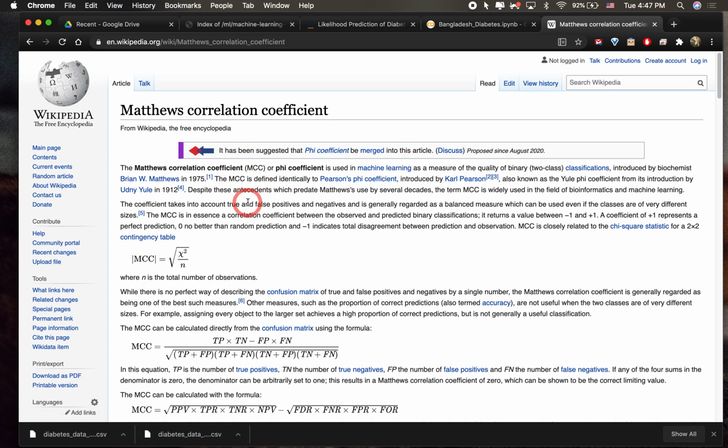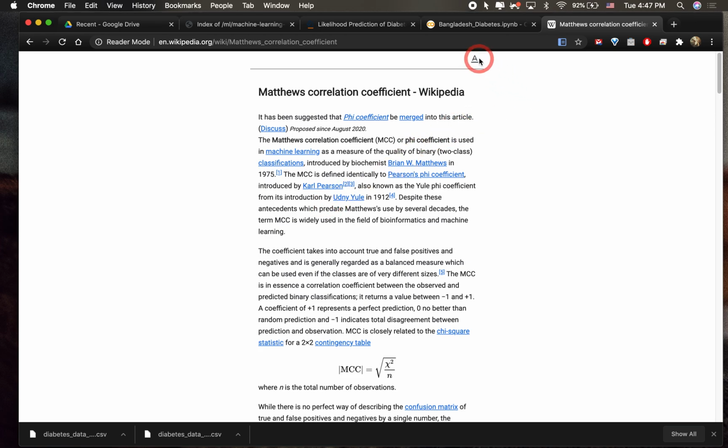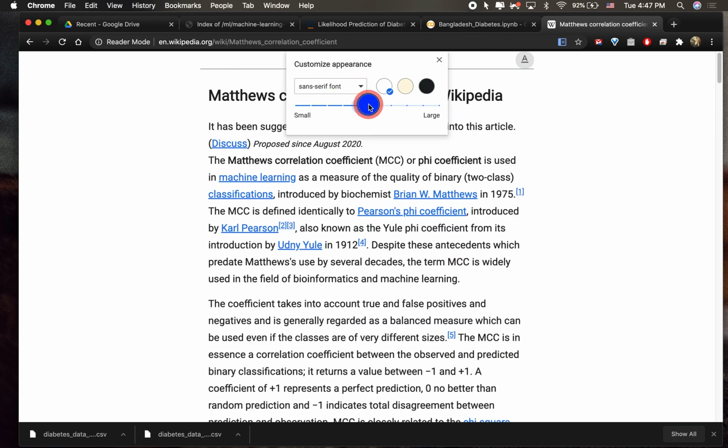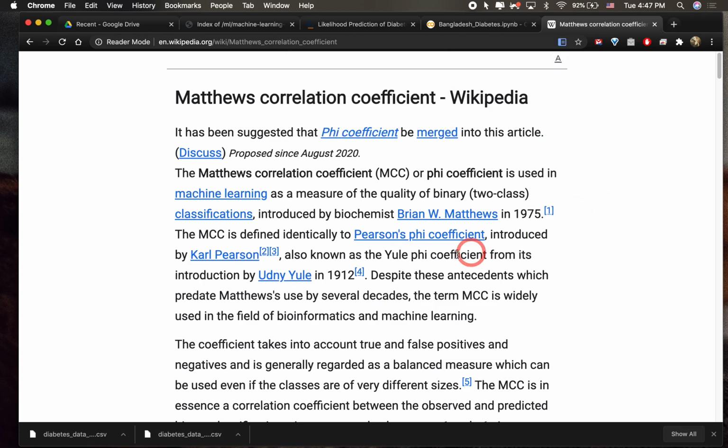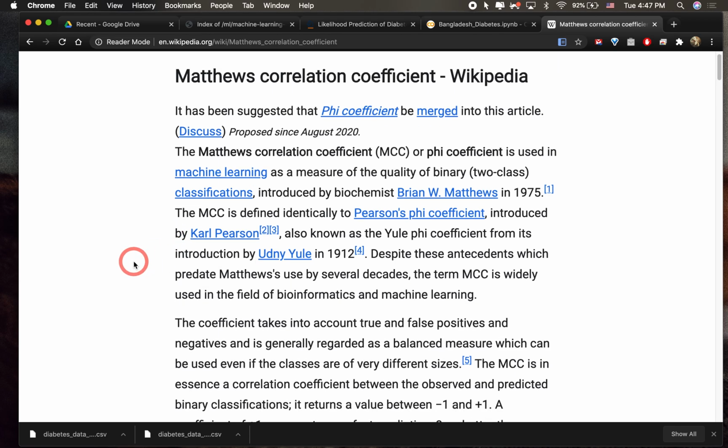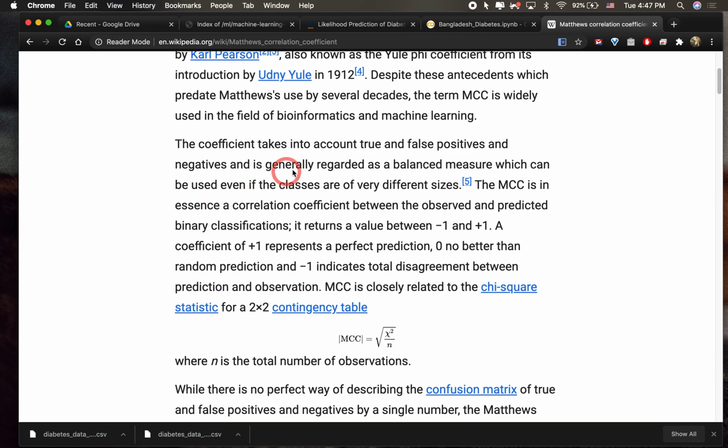So as you can see here, let me put this in reader mode maybe, and let me just make this a little bit bigger. So Matthews correlation, or the phi coefficient, is a measure of binary two-class classifications, and it was introduced by Brian Matthews. So basically, the coefficient takes into account true and false positives and negatives, and is generally regarded as a balanced measure, which can be used even if the classes are of very different sizes.